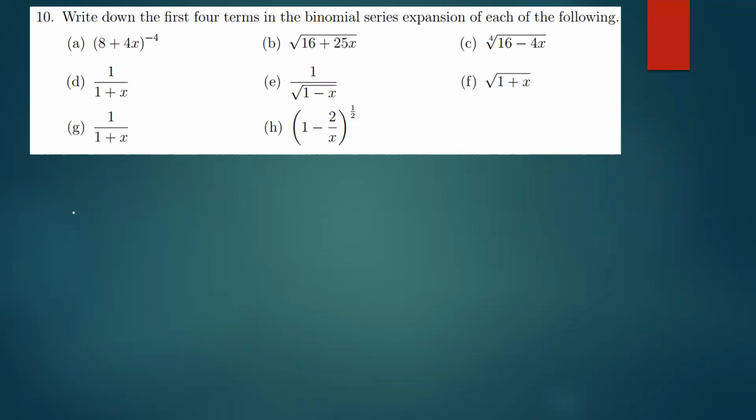So I'll start with the simple one, then I'll keep on increasing bit by bit. We have the first one, which is D. So D is 1 over 1 plus X. So this one can also be written as what? This 1 over 1 plus X can also be written as, sorry for that. Let me write it properly.